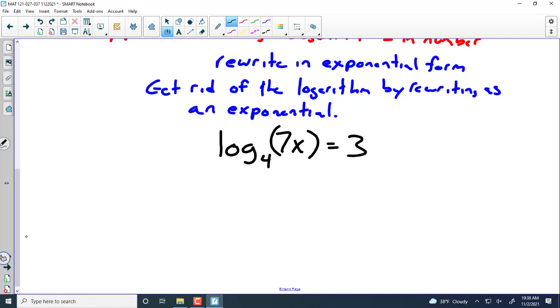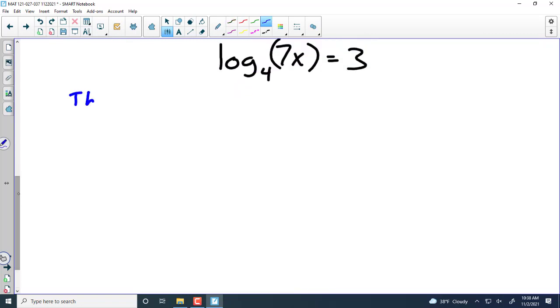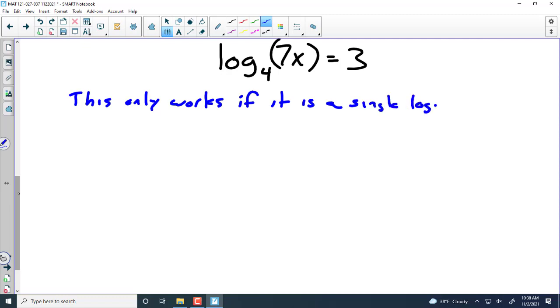That would be what we'd see like that. We'd see a problem that looked like this, with the x mixed into a logarithm, and we had to rewrite it in exponential form. However, what we learned last time in our last class was this only works if it is a single logarithm.